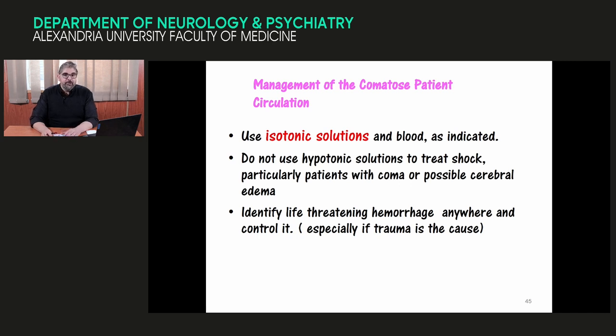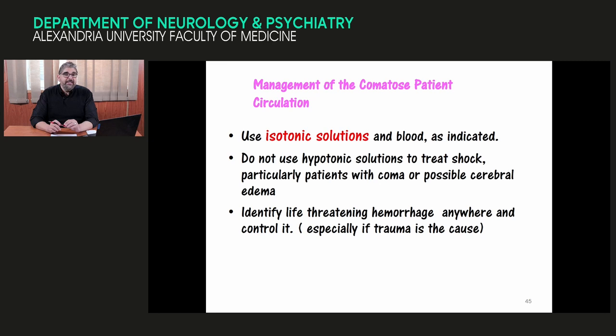And of course, if we used hypotonic solutions to treat shock, it may cause problems in what is called water homeostasis, and it will lead to some risk of possible cerebral edema, brain edema, shifting of the water from the interstitial fluids to the inside of the cells and causing cerebral edema, and this will of course raise the risk of a disturbed level of consciousness and even coma. So if there is suspicion of hypovolemic shock, we should replace with isotonic fluids.